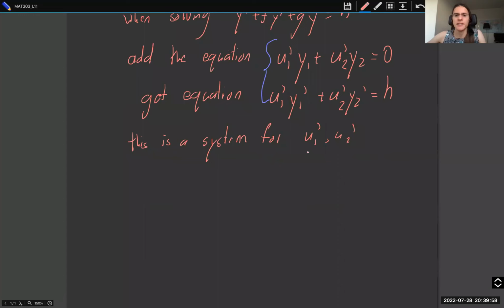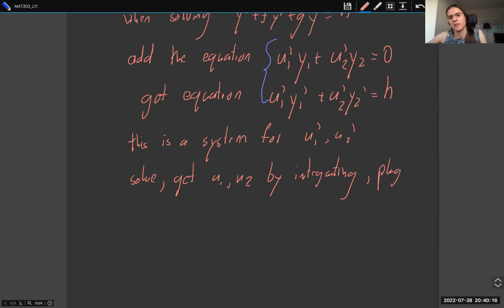And then you invert it. So solve it, and get u1, u2 by integrating. And then plug in.